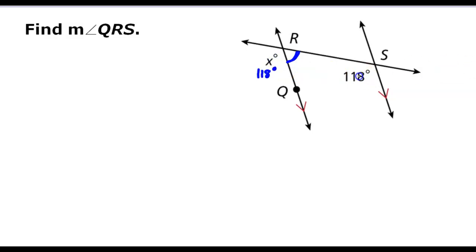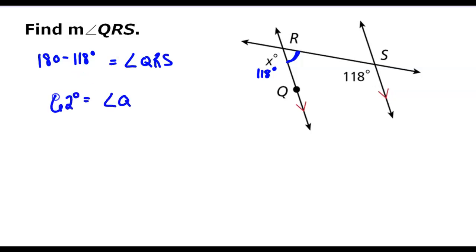So this here is 118, this here is 118. And what do we know about this 118 degree angle and this QRS angle that we're referencing? Well, QRS and 118 would make a linear pair. So we know that 180 minus 118 would make up the angle QRS. If we subtract that, that would be 62 degrees is angle QRS.